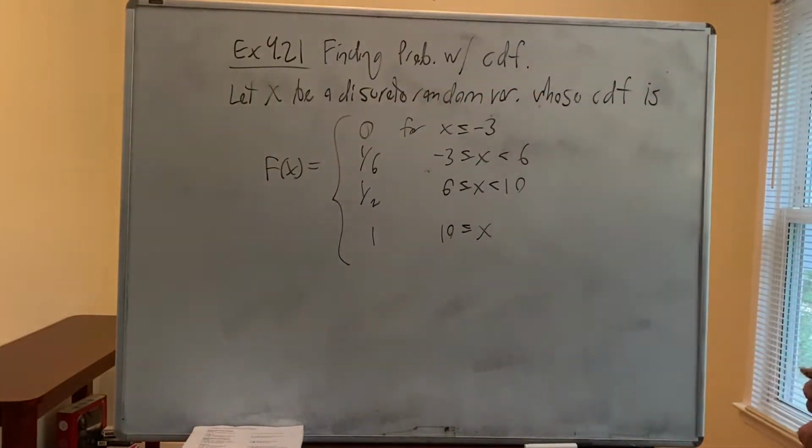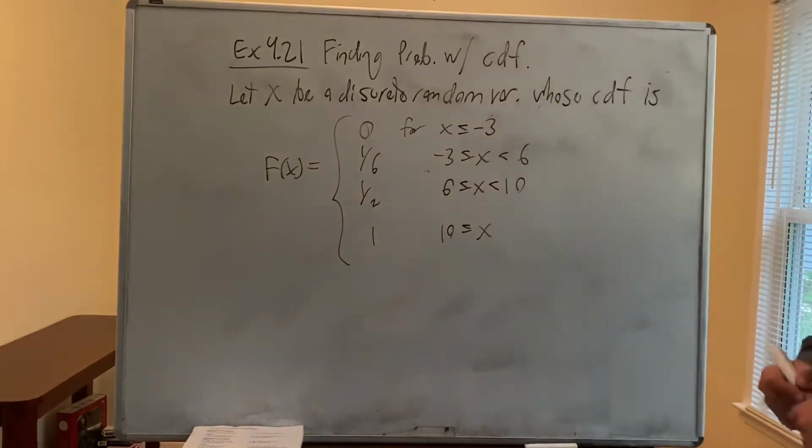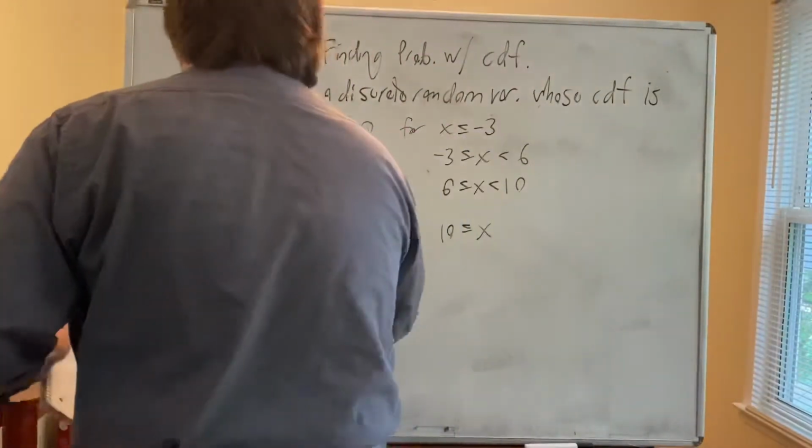So let capital X be a discrete random variable whose cumulative distribution function is that function. And so let's find the following.